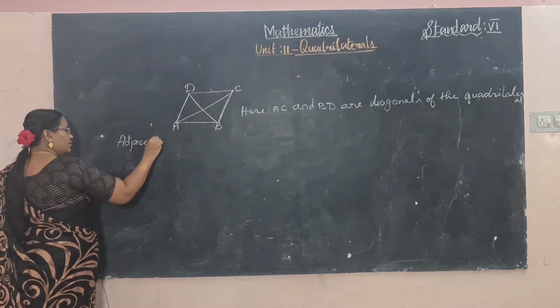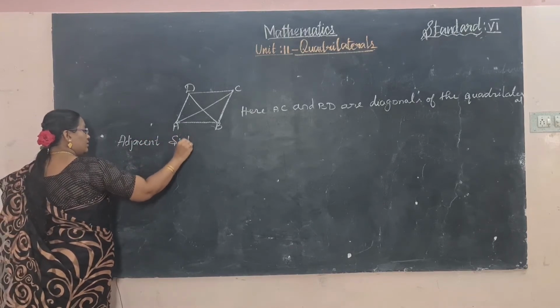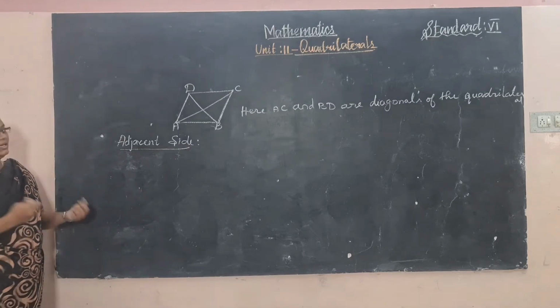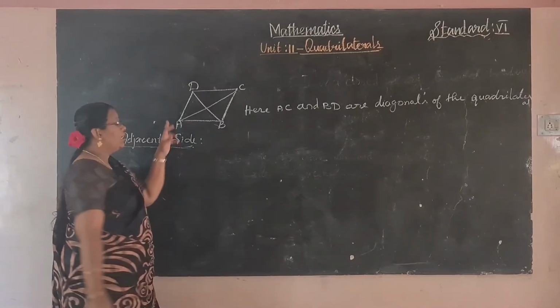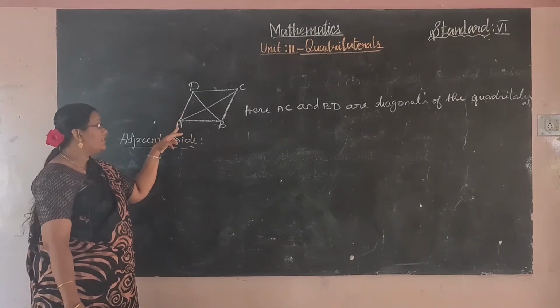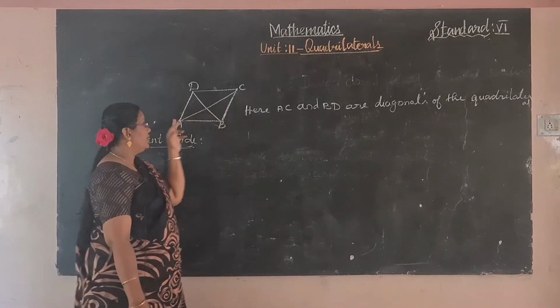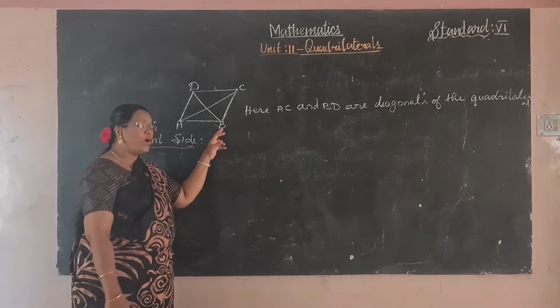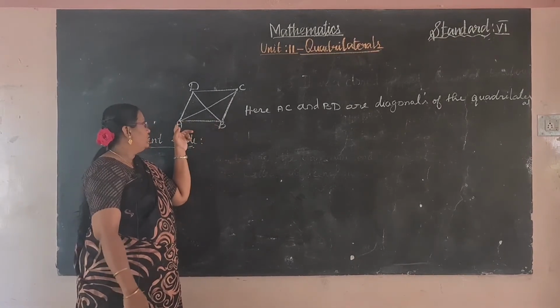Adjacent side means the next one, the nearest one. In a quadrilateral ABCD, AB and BC have a common endpoint B. What are the sides?